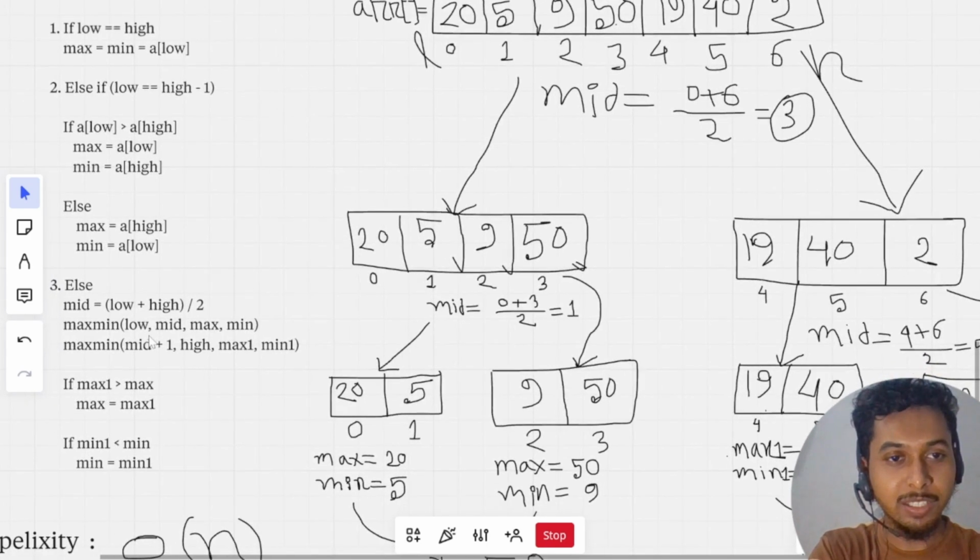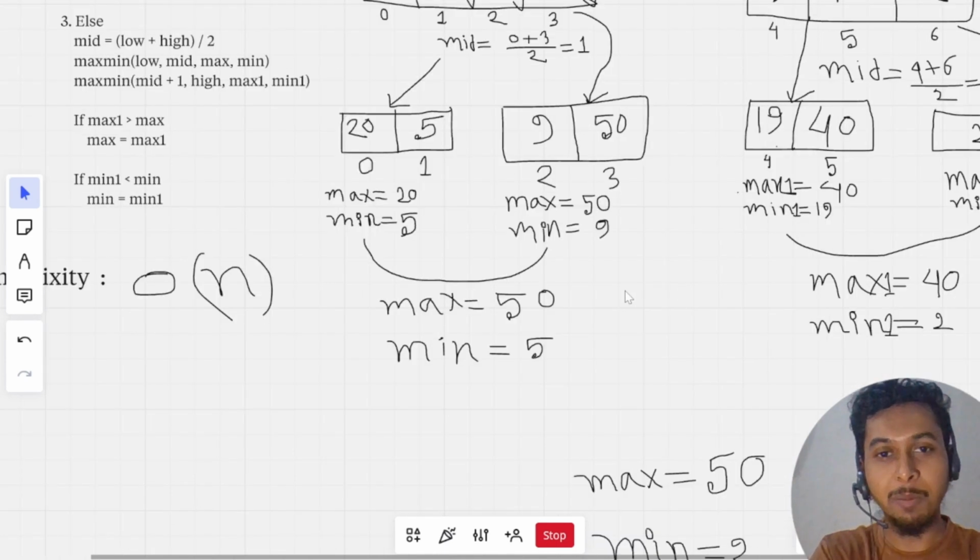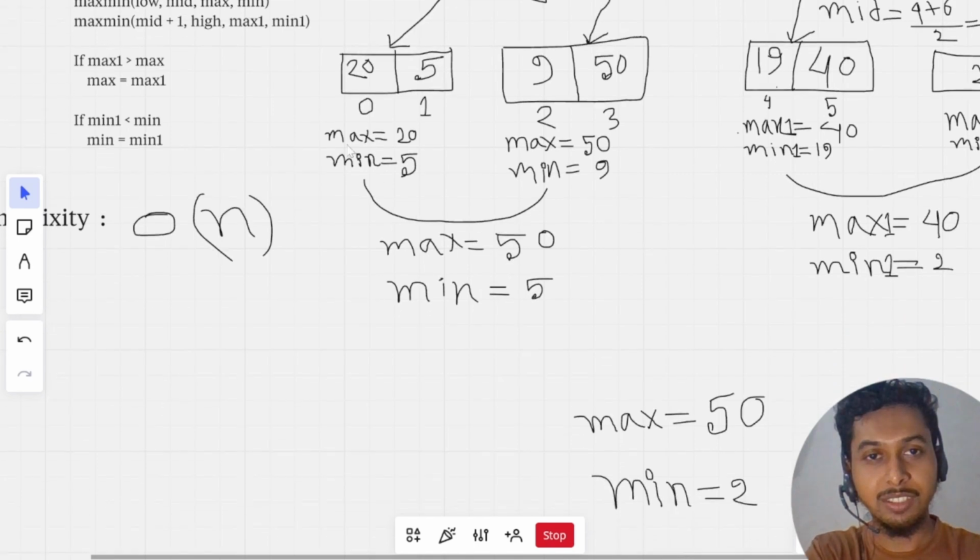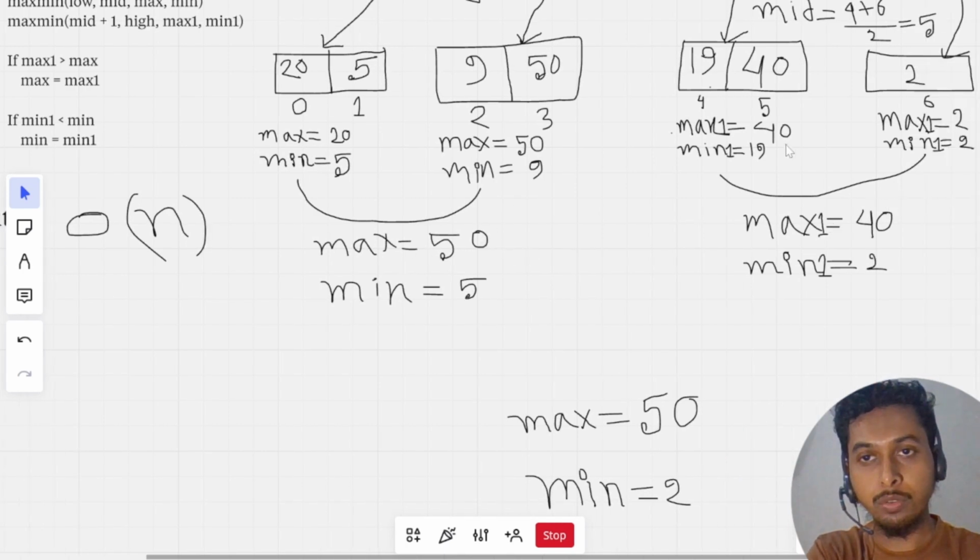In this, low to mid, this is low and 3 is mid. And mid plus 1 means 4, to high. Let's see which is maximum. In this part 50 is maximum, so max equals 50 and max1 equals 40.